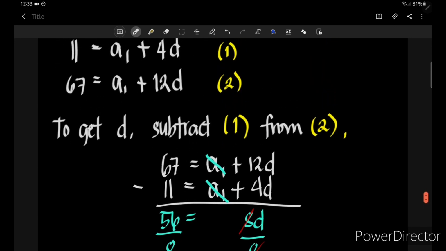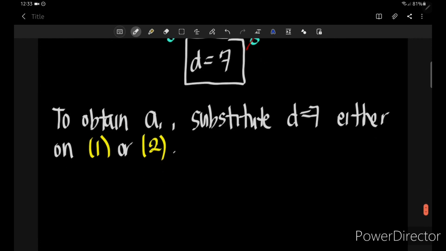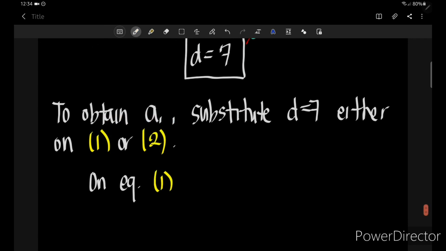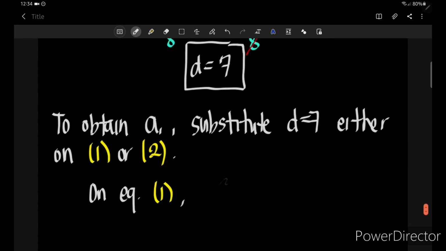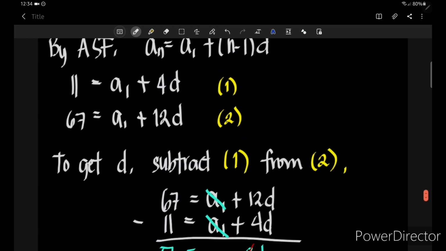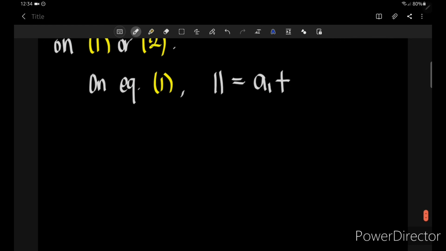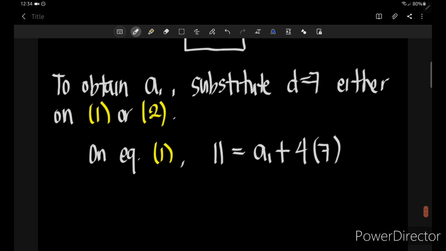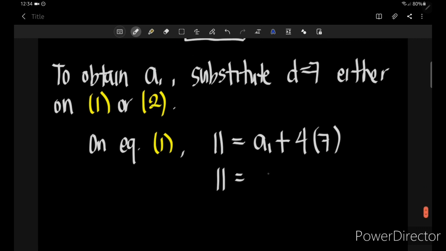So 11 equals a sub 1 plus 4d. Since ang ating d ay 7, papalitan mo lang. So magkakaroon ka ng 11 equals a sub 1 plus 28.